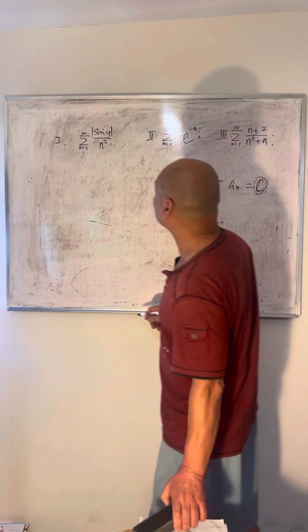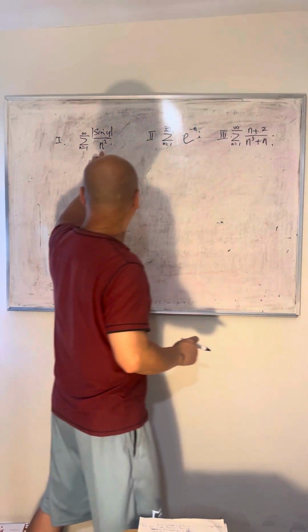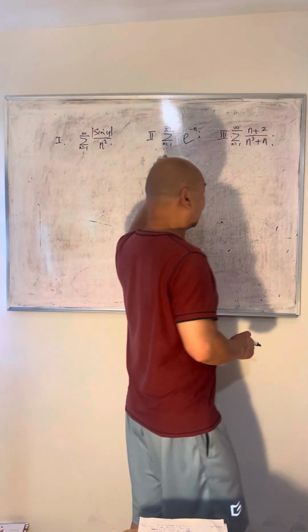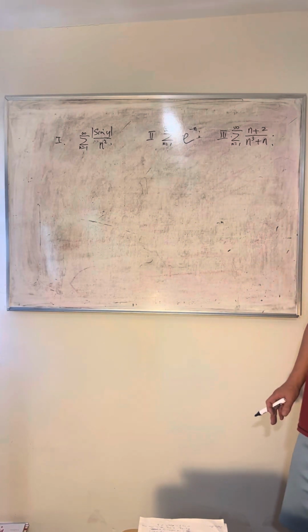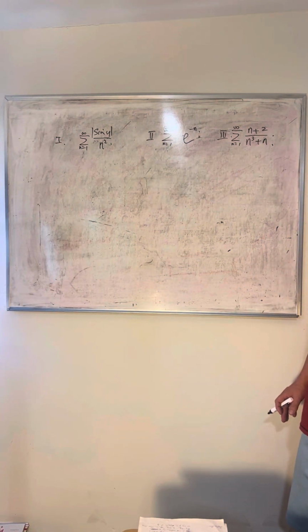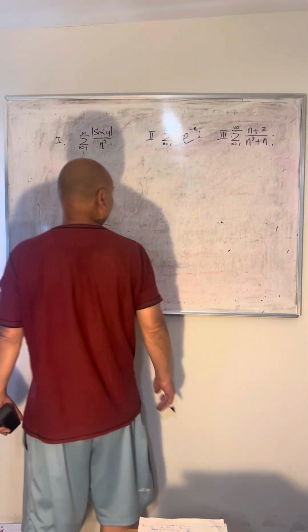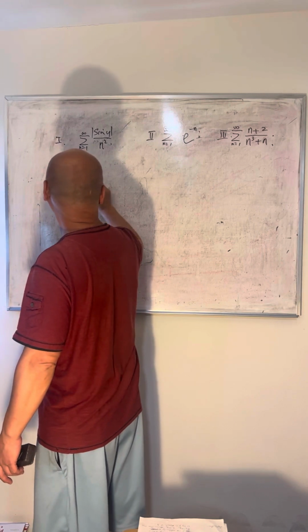Now, let me see the sum of this. Put them together and add them. If we get one constant, we say it is convergent. So let's see the first one.